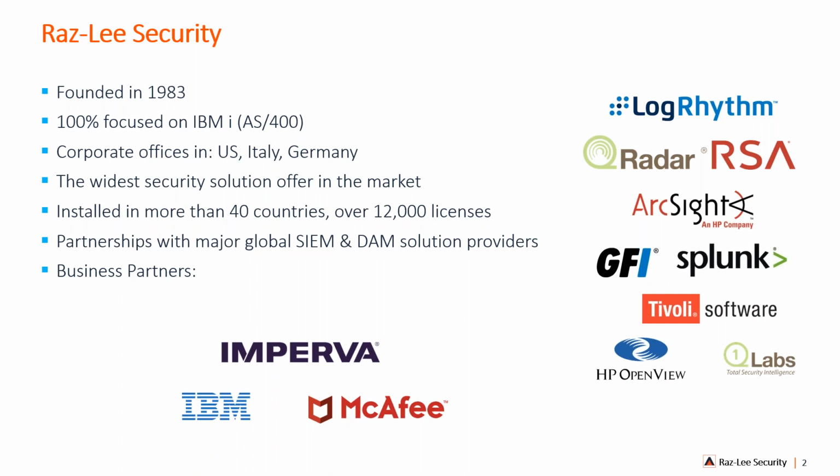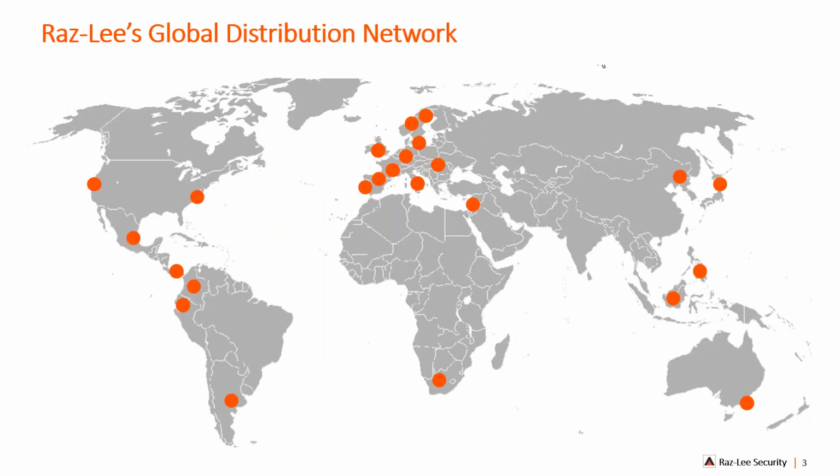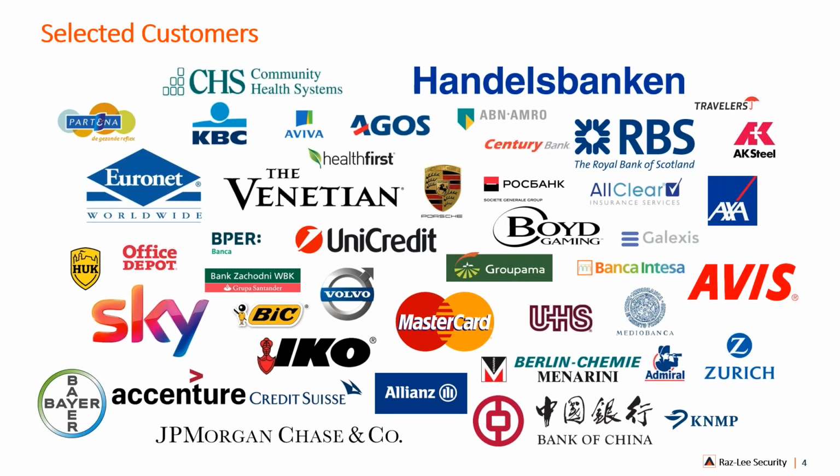Imperva, which is the leading provider of DAM products worldwide, shows its trust in our solution and OEM'd it for their IBM i agent. We have corporate offices in Germany, the US, and Italy, and a worldwide network of distributors. This slide provides a sample of our customers from various industries, including banking, healthcare, manufacturing, and casinos.